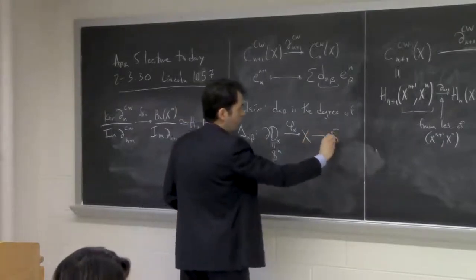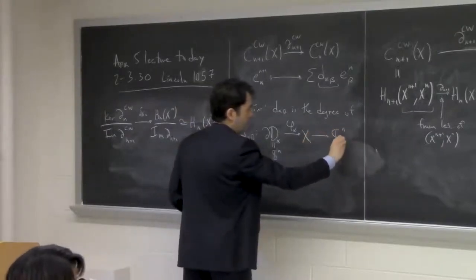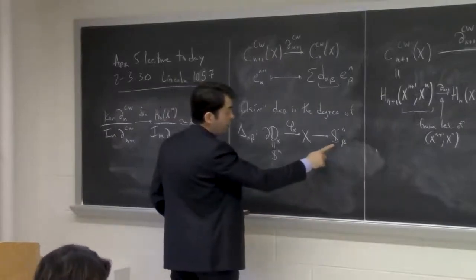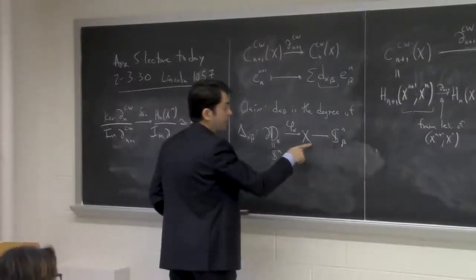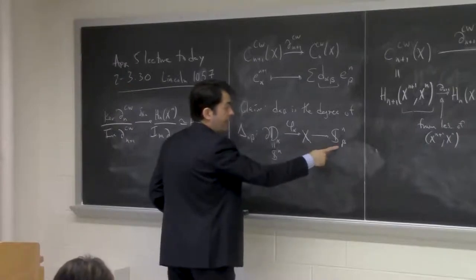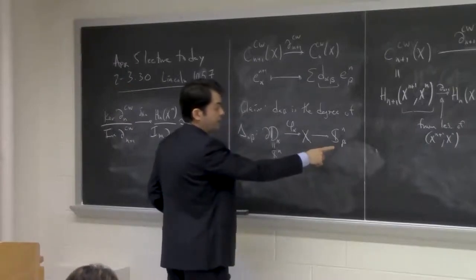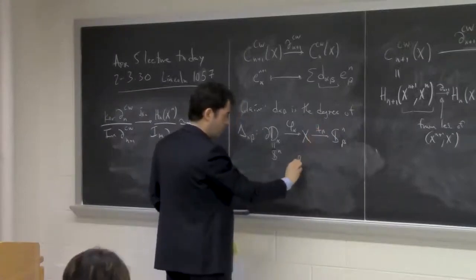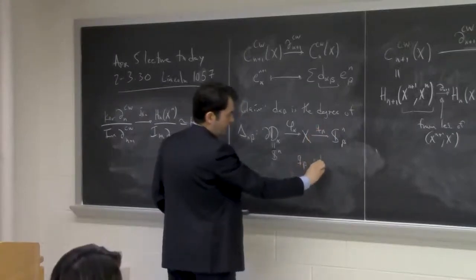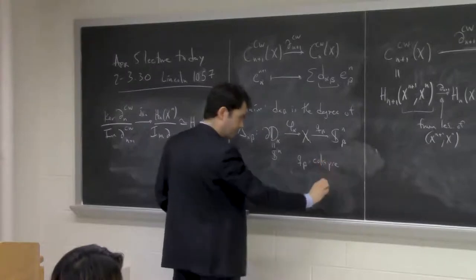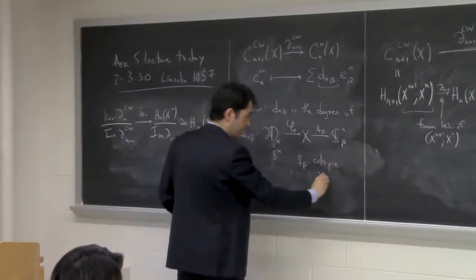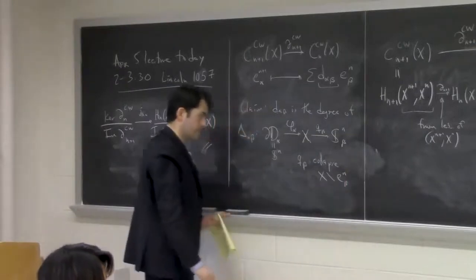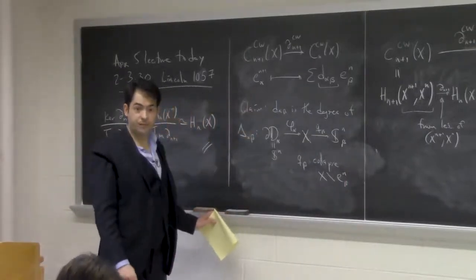So we're going to map it to an S^n_beta, where we collapse everything outside of the n cell. So this is going to be the collapsing map q_beta: collapse X minus the n cell, right?